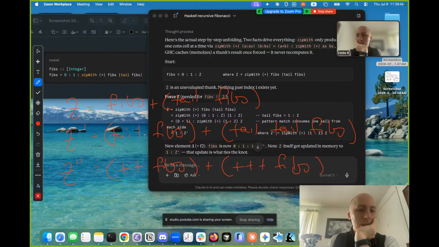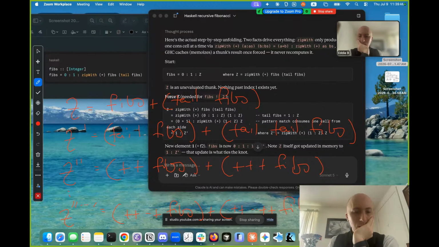And all the way down, we have Z is equal to fibs plus fibs like this.